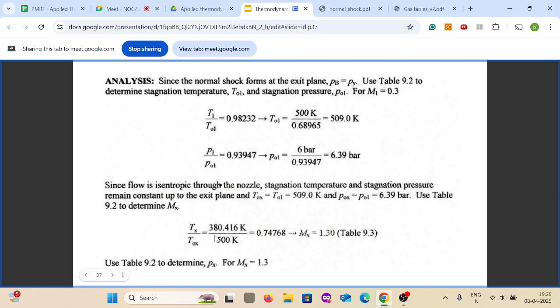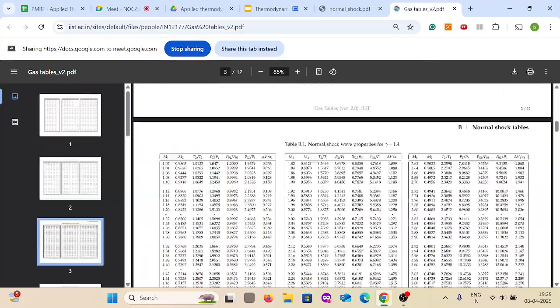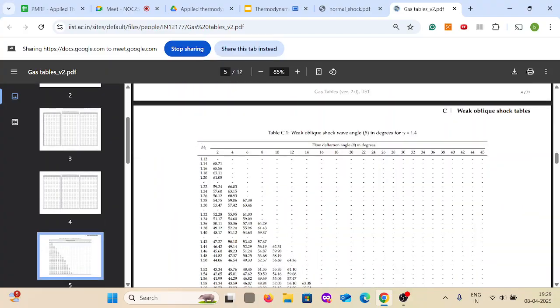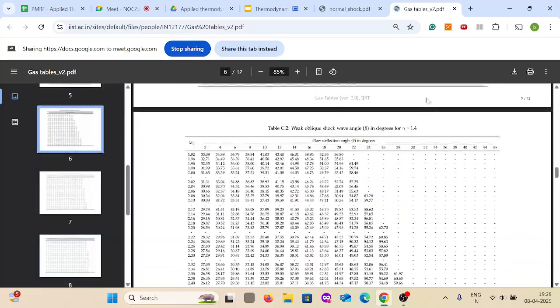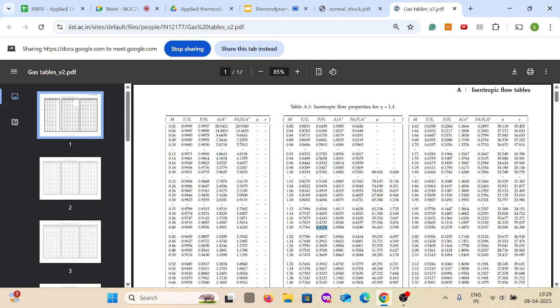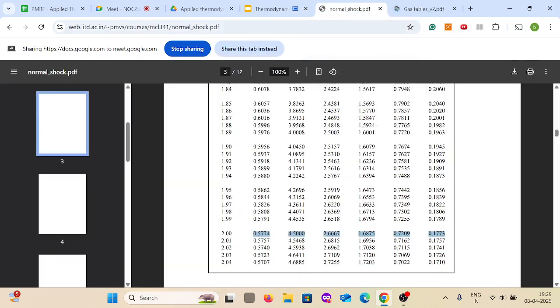So Tx by T0 is 380.416 divided by 500, which is 0.74768.